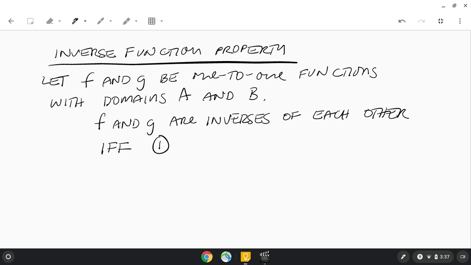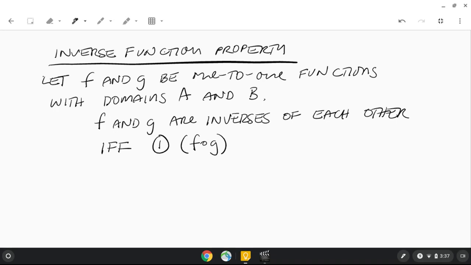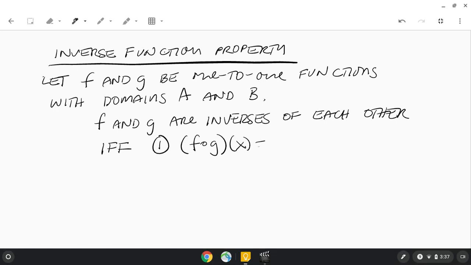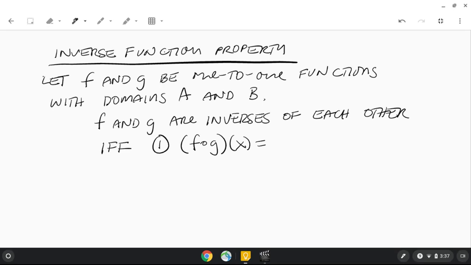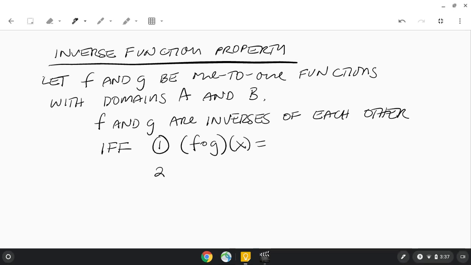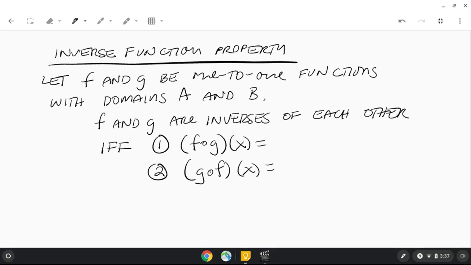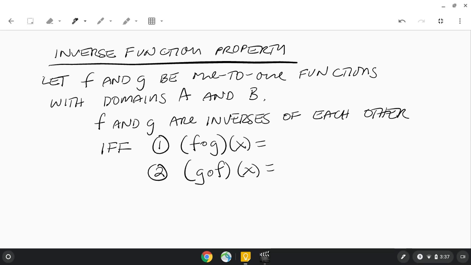remember composite functions? If you take the composite function f circle g of x, and you take the composite function g circle f of x, it turns out that you should get the same answer. When you do these composite functions, you should get the same answer for both if they are inverses of each other.